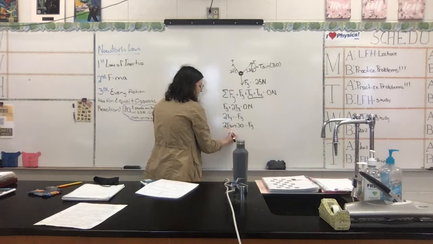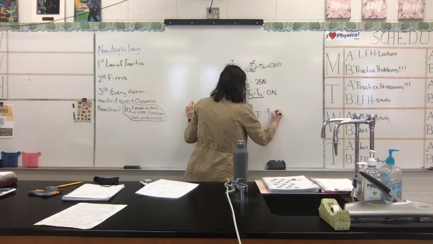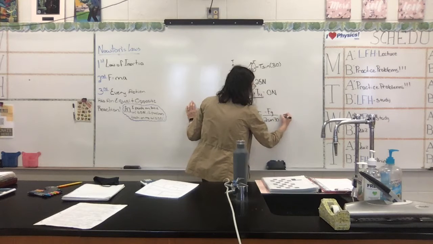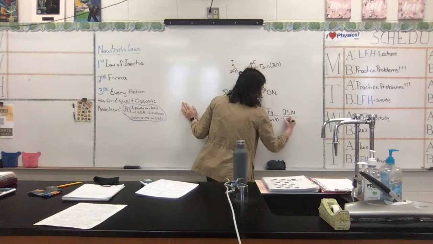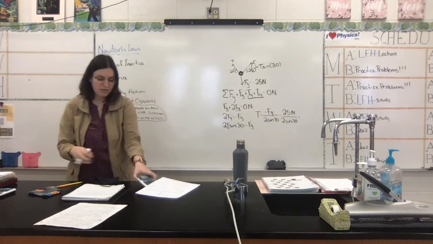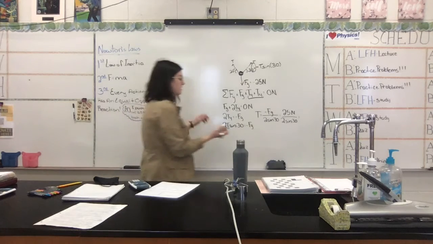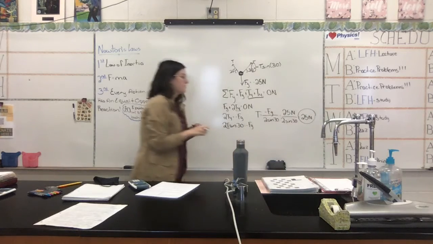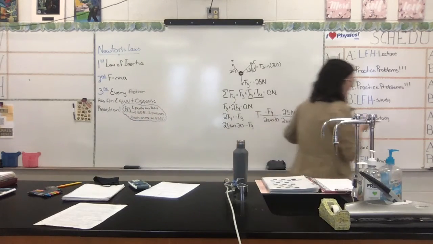To get this T completely alone, we divide both sides by 2 sine of 30, which means we end up with 25 newtons divided by 2 sine of 30, which when we type that into our calculator gives us an answer of 25 newtons. All right, and that's going to be our answer to number 3, 25 newtons.